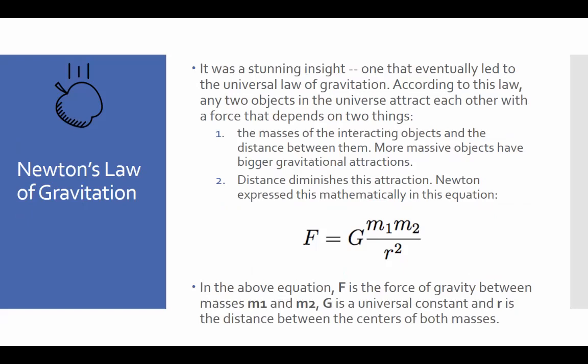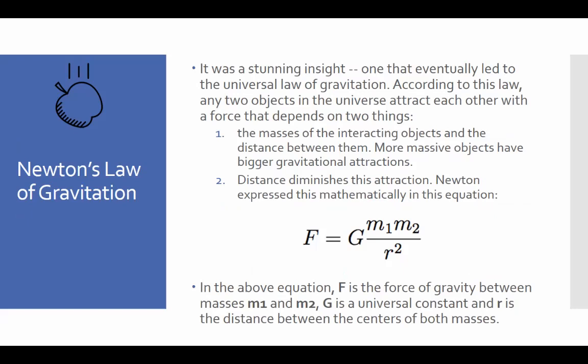So according to this law, any two objects in the universe are attracted to any other object in the universe. And it depends on two things: one, the masses of the objects, and two, the distance between them. The more massive the objects, the bigger the gravitational attraction. The bigger the distance between those two objects, the weaker the attraction.